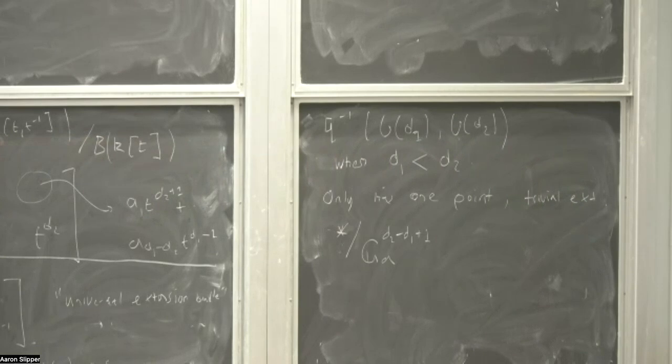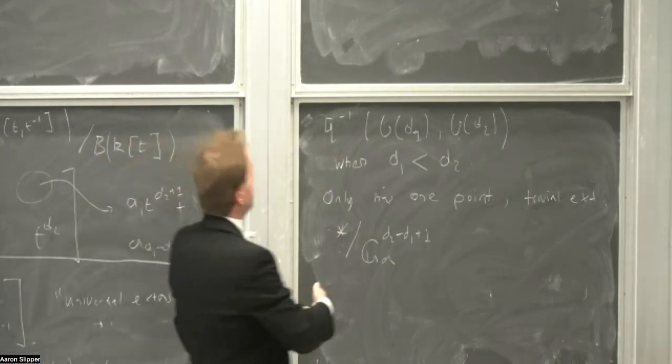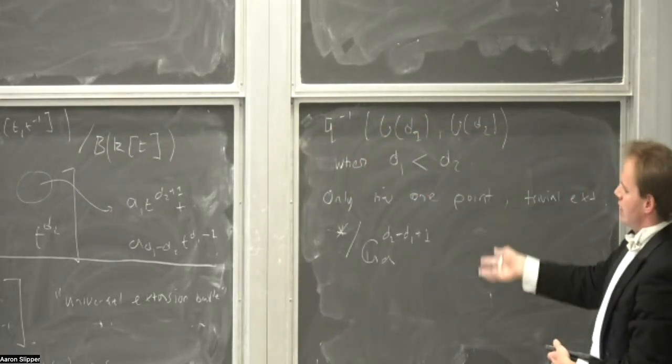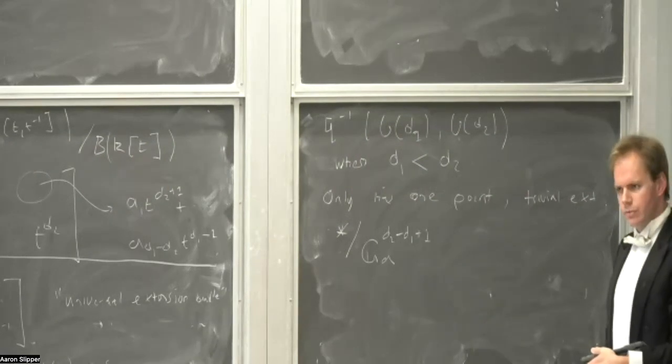For T in the correct order, the dominant pair, so D1 greater than or equal to D2, the inverse is just going to be an affine space, but when they're flipped, it's going to be point mod G_a to some power. It's sort of almost the opposite order. As opposed to A^n, it's going to be point divided by G_a to some power.